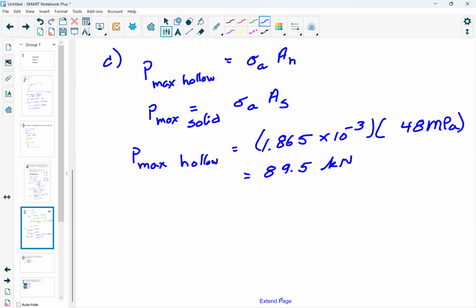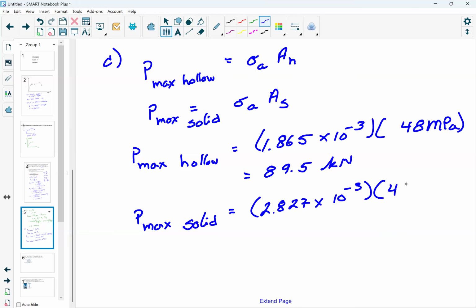We now look at P max for the solid part of the bar. By the way, what does your gut say? Would the solid part of the bar take more force or less force than the hollow part? Yeah, more force.